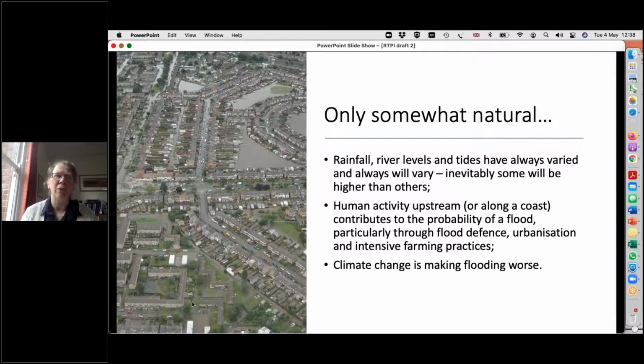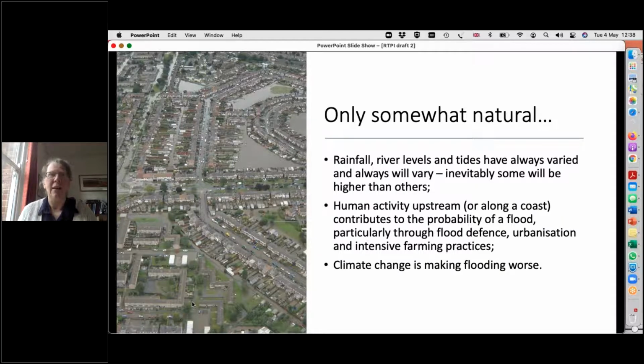So there is a real question in how we talk about flooding, and it rocks around between being seen as a natural thing, a natural disaster, versus being a man-made or human-created disaster. And, you know, on the argument for it being natural, of course, rainfall, river levels and tides have always varied and always will vary.